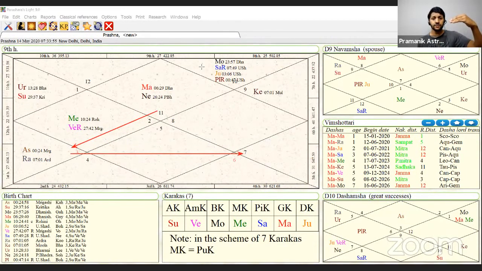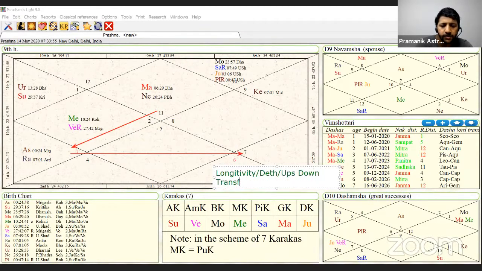The eighth is the house just after the house of longevity, which is prolonging the death, or you can call it the house of death, and ups and downs, transformation.